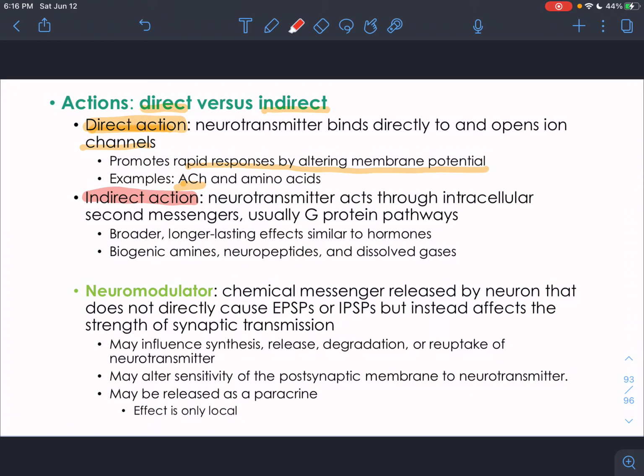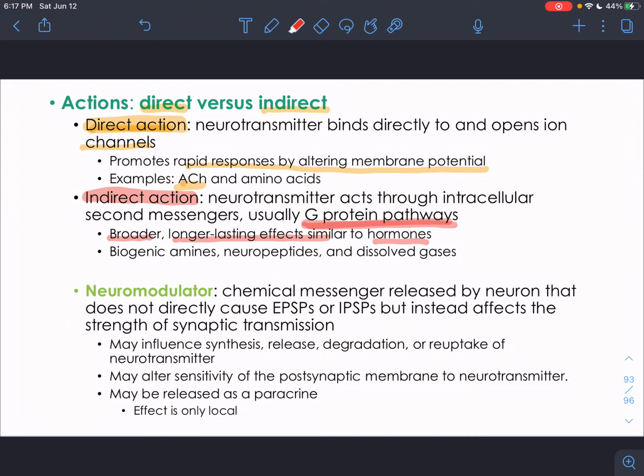Okay, indirect actions, you have the neurotransmitter still being released, but instead of binding directly to an ion channel and opening it, it's going to bind to a second messenger. And typically we're going to see that being a G protein pathway. And we'll talk about that a little bit more in a minute here. But G protein pathways, since it's not a direct action, it's going to be a bit slower, but it's going to have broader, longer lasting effects, similar to hormones, where they have a long-term effect, not such an instant, quick, short-term effect.